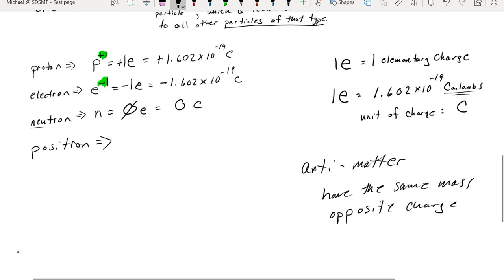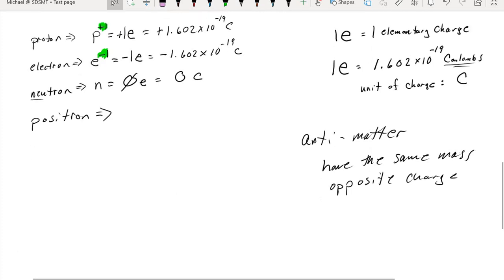So if a positron is the anti-version of an electron, that means we would have an electron of positive charge, or positive 1 elementary charges.